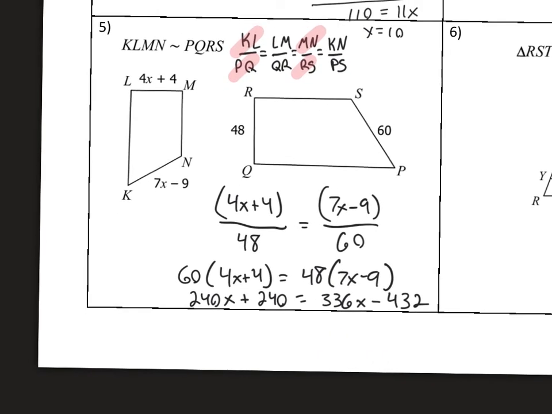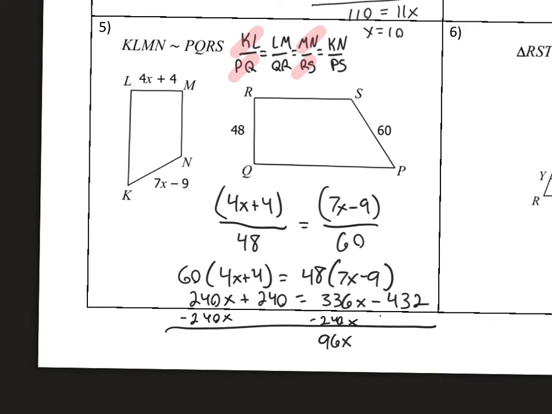All right, let's get the x's together. And I'm going to try to make them positive. Negative 240x, negative 240x. And that's 96x. Sorry, that got weird.